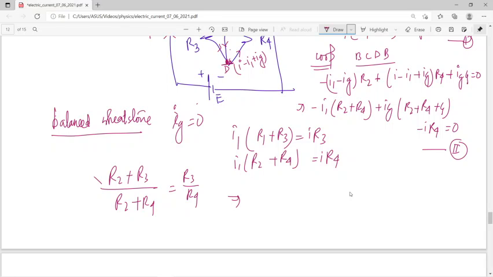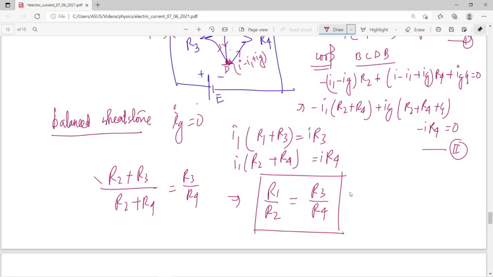Now if you solve it, you will find the relation can be written like that. That means if the resistance ratio comes out like that, then there should be no current passing through the galvanometer, and that is one of the important things that you should know. That is nothing but the balanced Wheatstone bridge network.